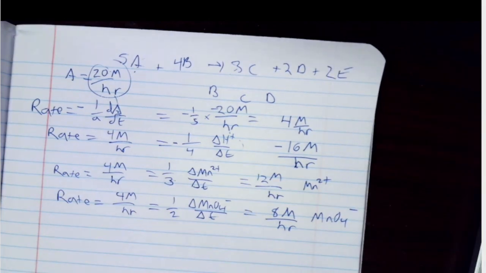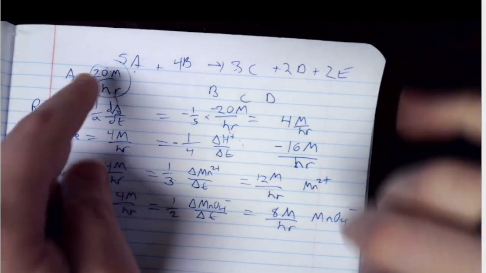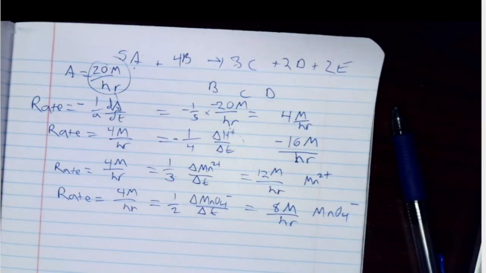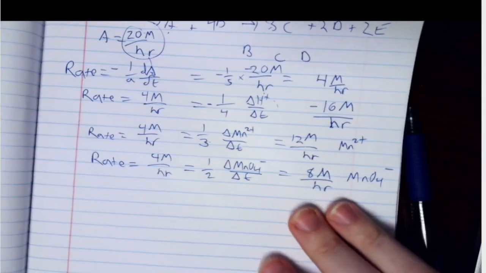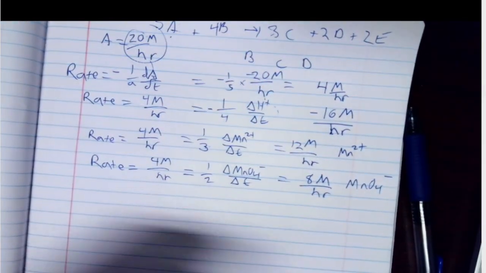So if I know any one value, I can know the relative rates of all of the values. If I know any one concentration, I can know the relative concentrations of any of the other values relatively easily.